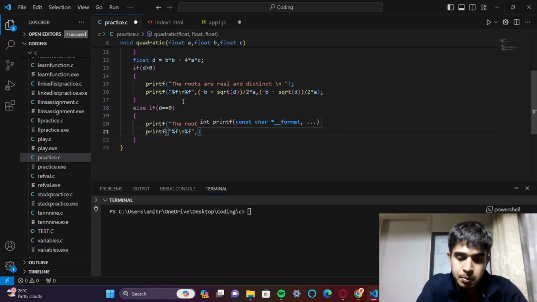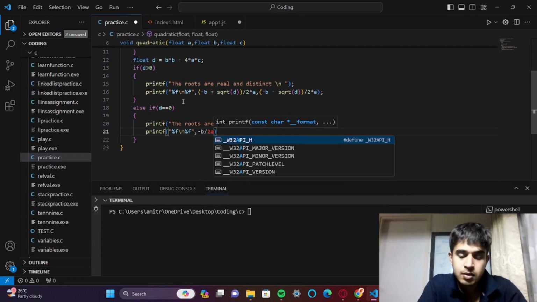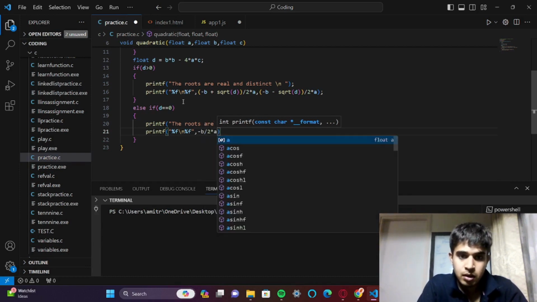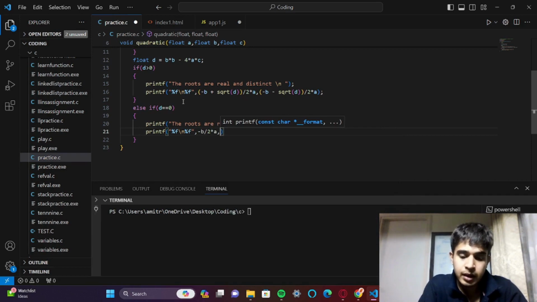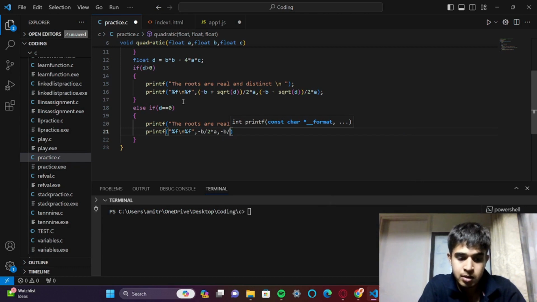Here it will be minus b by 2a. Because the discriminant is 0, we can completely ignore that part of the formula. So it is minus b by 2a, and we can just write it again so that we'll know that there are two roots. So minus b by 2a.